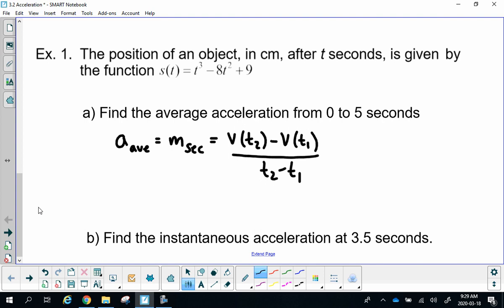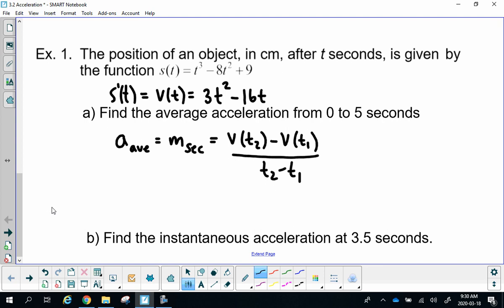Now, how do we get velocity when we're given position? Well, we need to take its derivative. So I'm going to go ahead and take the derivative of s of t. So s prime of t is equal to velocity. In this case, my derivative becomes 3t squared minus 16t plus 0.